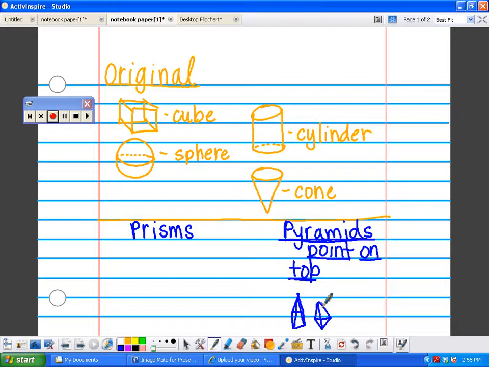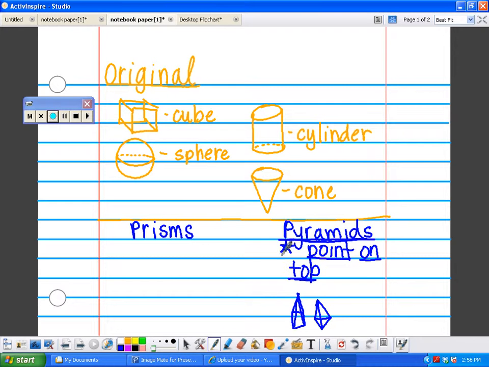What if I have a pentagon at the bottom? What would I call it? Pentagonal pyramid. What if I have an octagon at the bottom? Octagonal pyramid. As long as it has what? A point on the top.